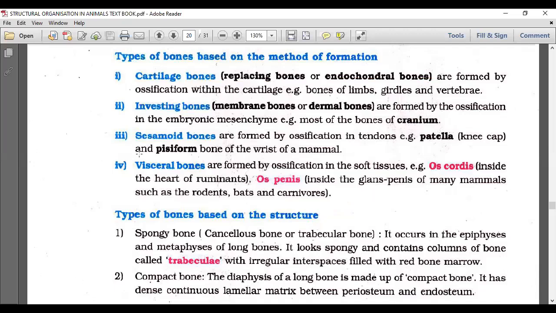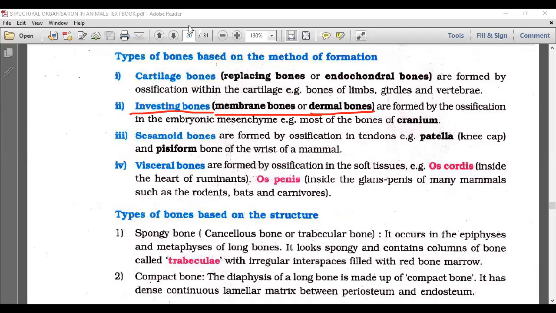Then next, investing bones, or membranous bones, or dermal bones. These are formed by ossification in the embryonic mesenchyme. The mesenchyme is a new word to you, just like mesoderm.